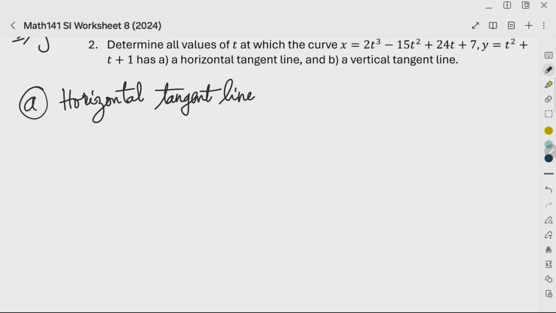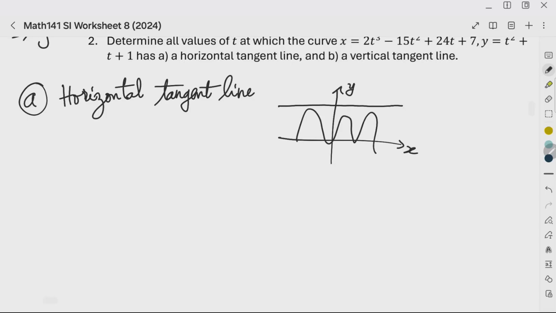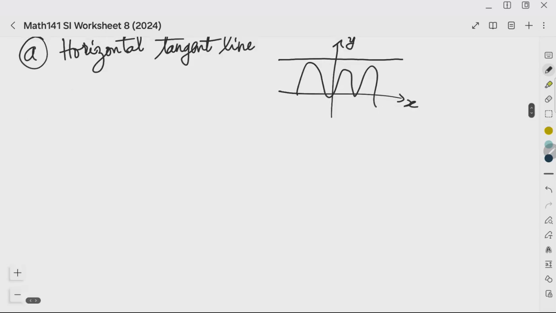Well, for a horizontal tangent line, the curve can look like whatever. A horizontal tangent line would be a tangent line that is straightly horizontal, right? So looking like that, and these are your axes, that means that technically the tangent line is not changing in the y direction.